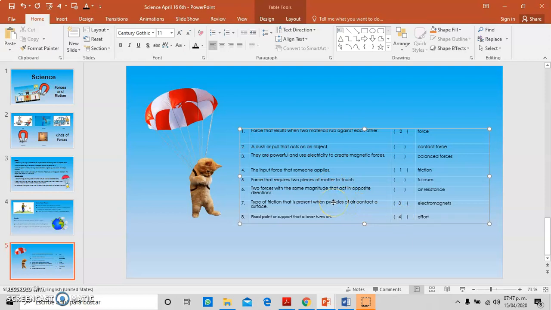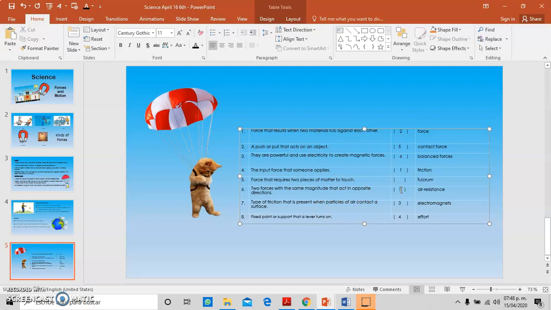Number 5, force that requires two pieces of matter to touch. Obviously, contact force, right? Number 6, two forces with the same magnitude that act in opposite directions. Balanced forces. Number 7, type of friction that is present when particles of air contact a surface.